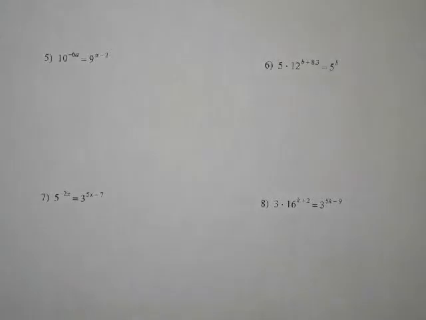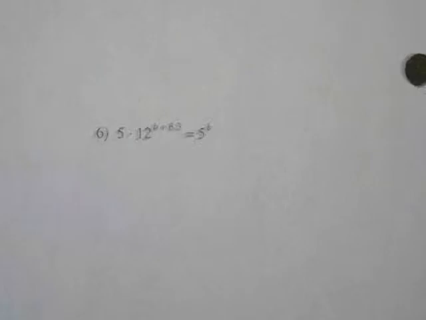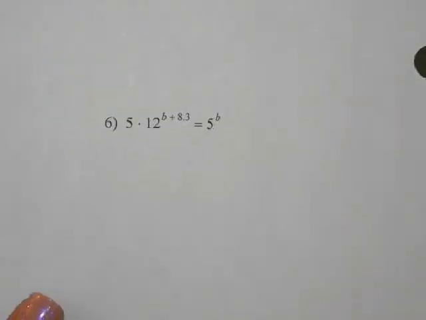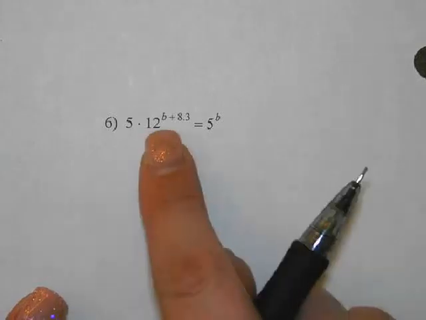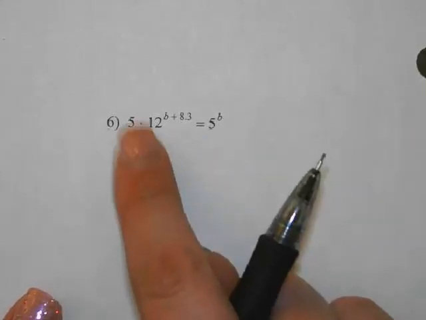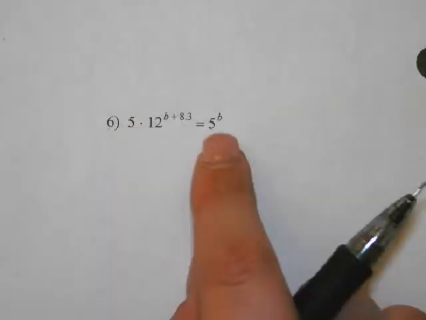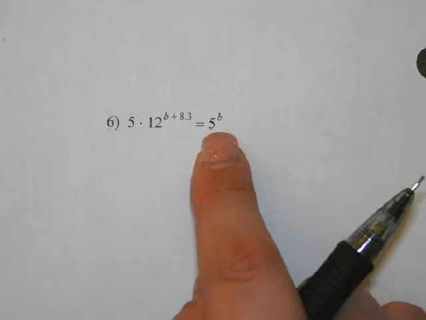So before I do another example for your notes, I want to focus a little bit on how to start number 6 and number 8. So if you look at number 6, we kind of have this weird thing going on where we have the 5 multiplied by something in front, and we would know how to handle that if this just said a number on the other side, right?